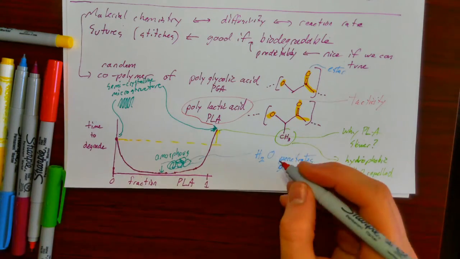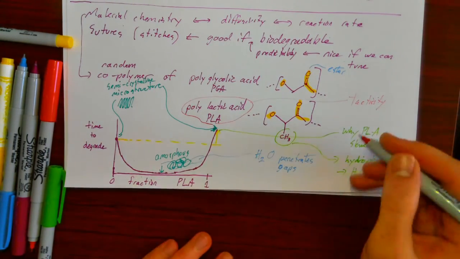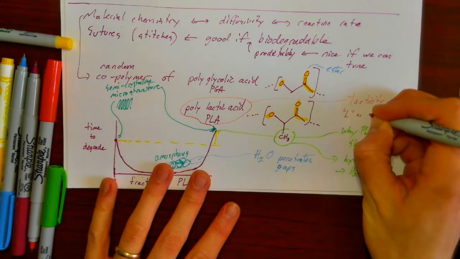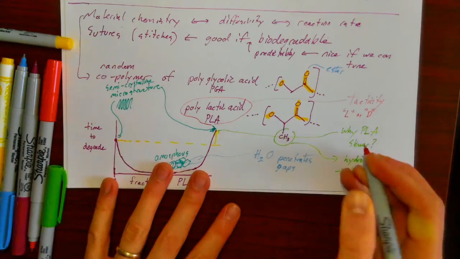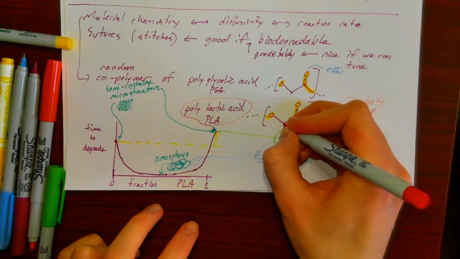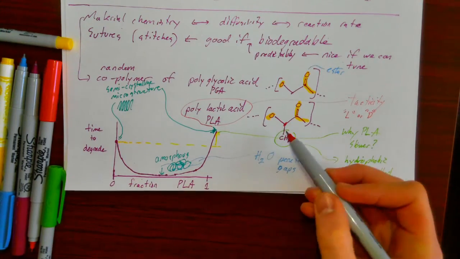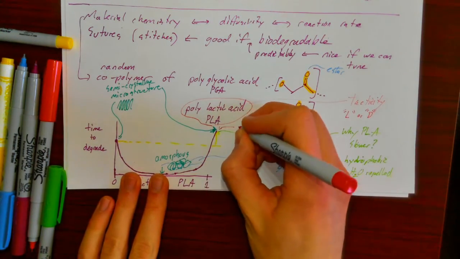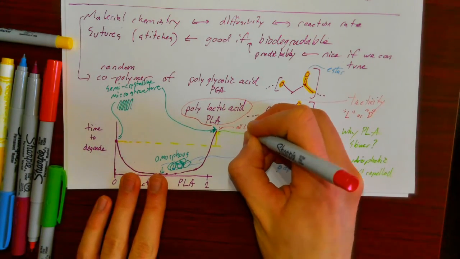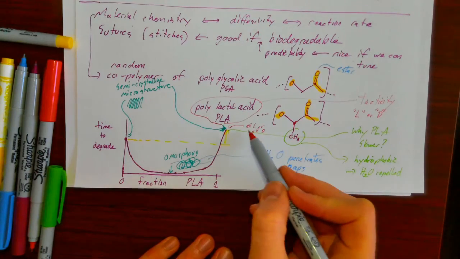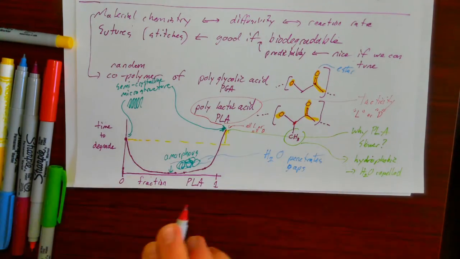So there can be what's called L or D lactic acid. There's a handedness or a chirality to this carbon right here. And if you have all L or all D lactic acid, you end up with something up here.